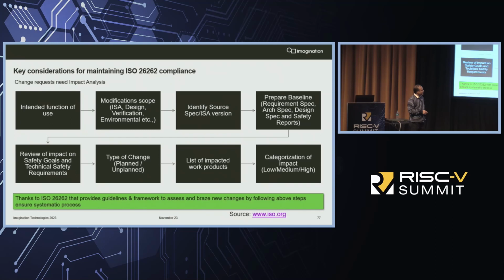We have to do some categorization also related to the impact it's going to have on the change request. So ISO 26262 provides the guidelines and the framework to assess the new changes and follow the systematic development process. We know that a systematic development process is required very much to make sure that no bugs creep into the design.